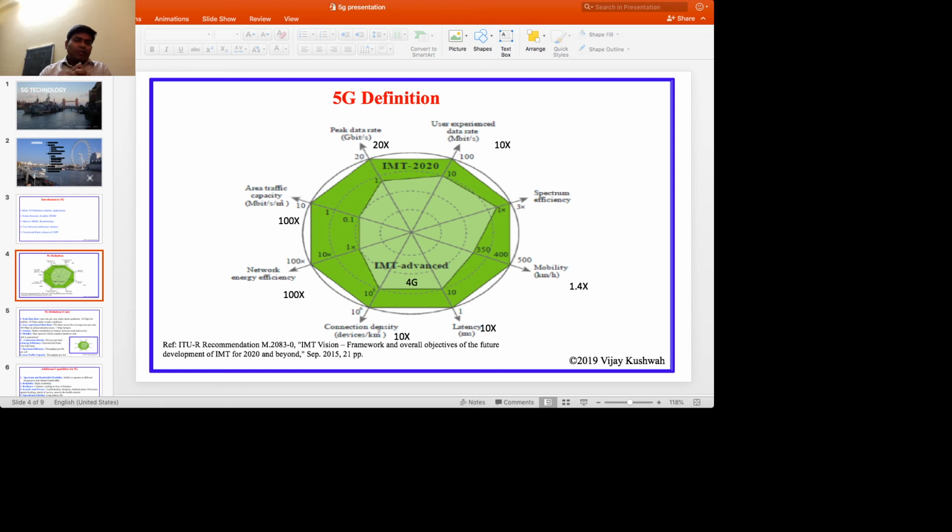This is like how many cameras you can put, because there is a lot of throughput. So it has to go from 0.1 to 10, which is 100 times, that is 100x. This is very, very ambitious.